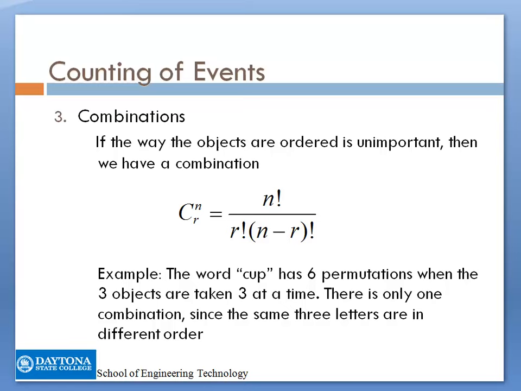Using the same example of the word CUP, we know that it has 6 permutations when the 3 objects are taken 3 at a time. Now, there will be only one combination, because the same 3 letters are in different order. So the order is unimportant.